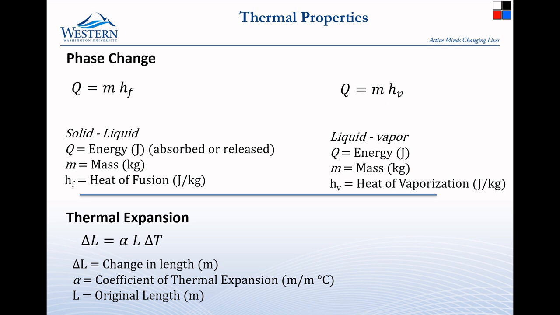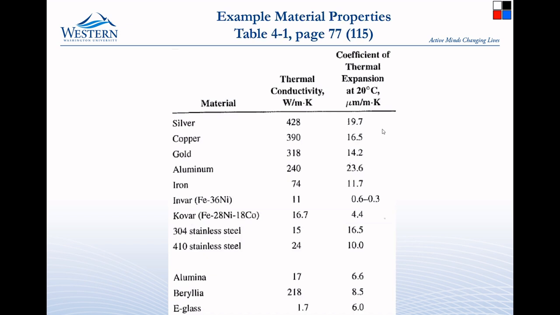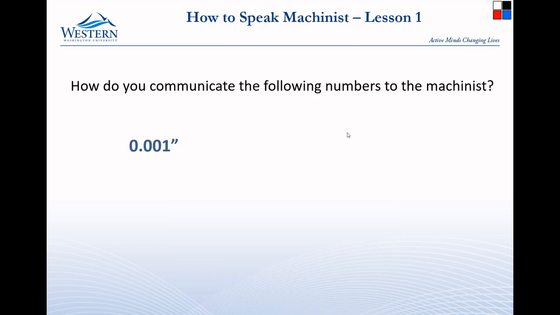Well, we'll do one last lab thing before we go to a worksheet. All right, so totally changing. New brain. If you are in the lab and you are talking to a machinist who machines in inches, this number, 0.001, is a thou, or 1/1000th of an inch.